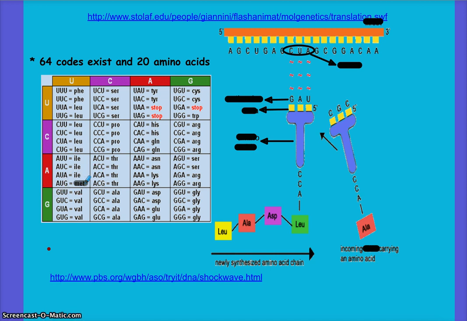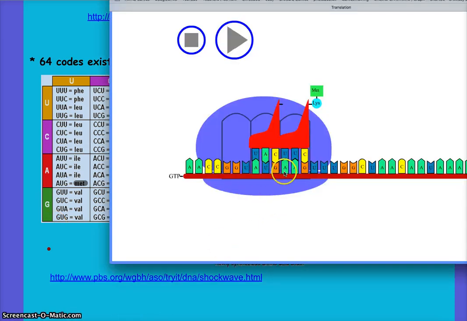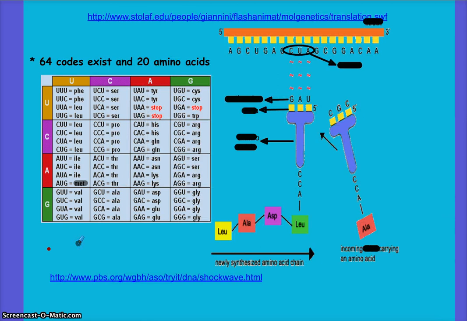mRNA holds the information of what amino acid to bring. Let's look at the next one. The next one was AAG. Who could tell me what amino acid comes with AAG? Look at the chart. It's right here. You don't have it in your notes? LYS.